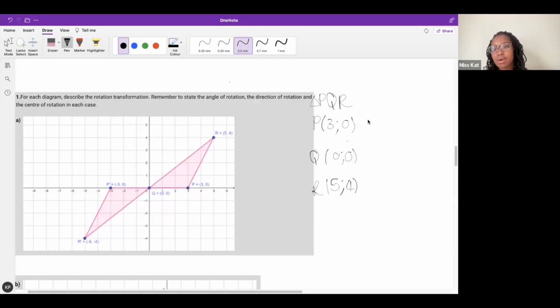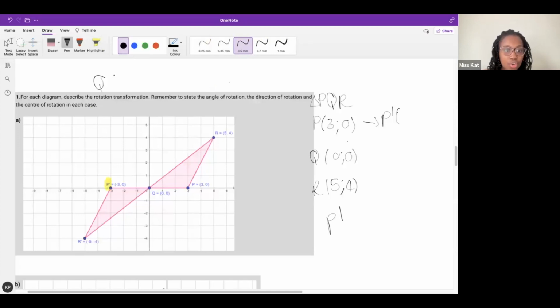Wonderful. Now let's check P prime. So this is how you guys are going to be expected to solve these problems. Oh, Bokang says, how do we know which one's the original? Remember, Bokang, the prime means it was derived from the original. So if you look at this other triangle, it's really small, but you can see there's little lines on top.